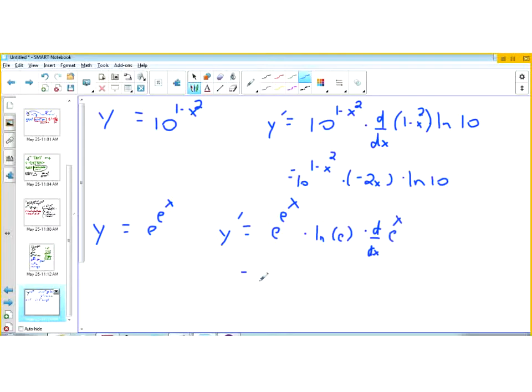Okay, and so this would be e to the x. Now the natural log of e is 1, and the derivative with respect to x is e to the x. And so we can write it as e to the x plus x. Okay, so that would be the solution there.